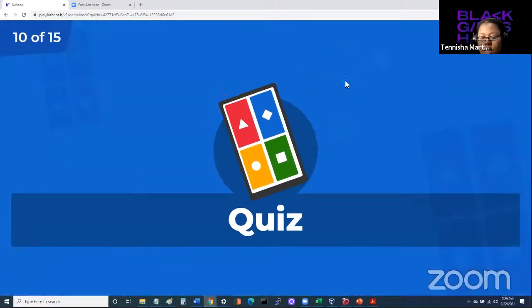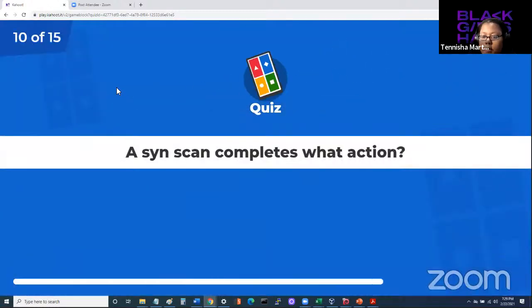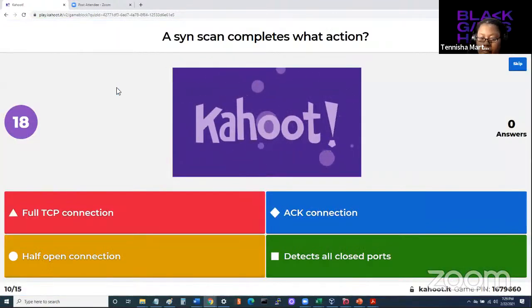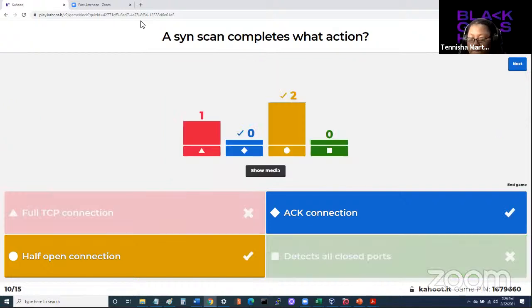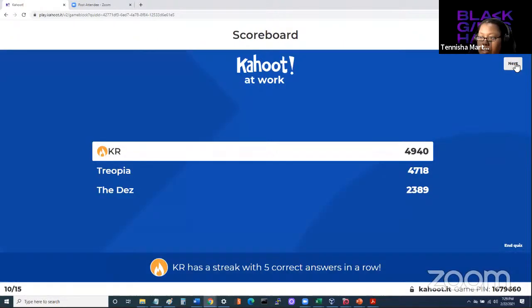All right, number 10. A SYN scan completes what action? Yes, it is a half open. A full scan does a SYN, SYN-ACK, and ACK.